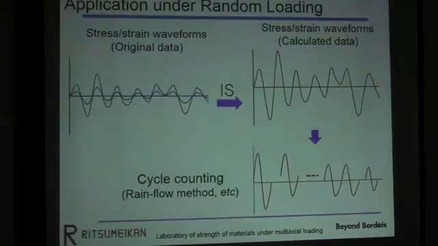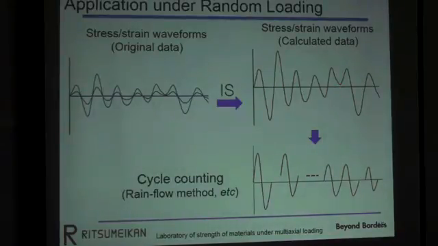How do we evaluate random loading? This is an example of random loading. Even though the loading is complicated, if we use the IS method, we can obtain a very simple loading path, similar to uniaxial loading.